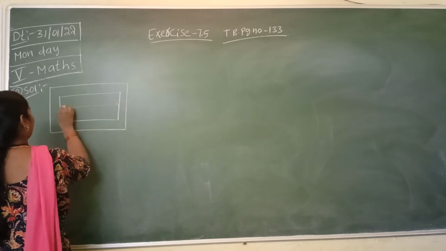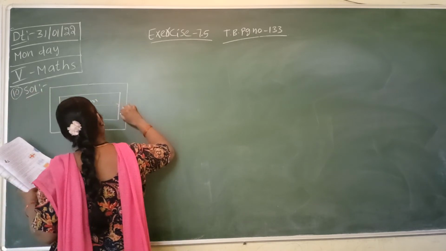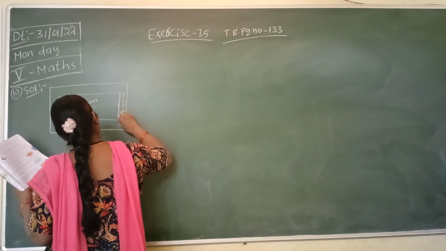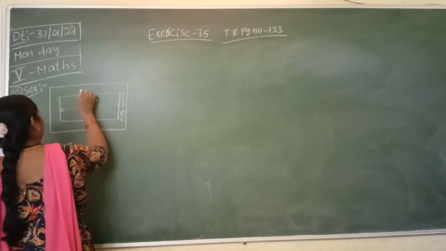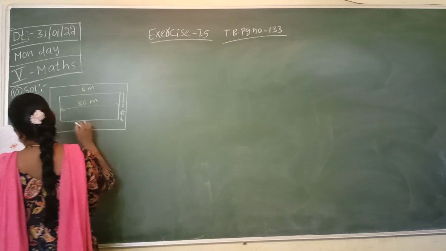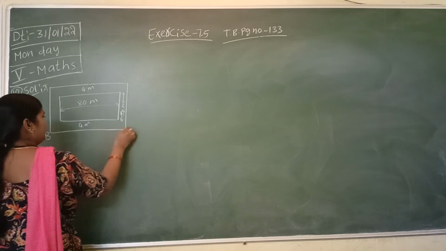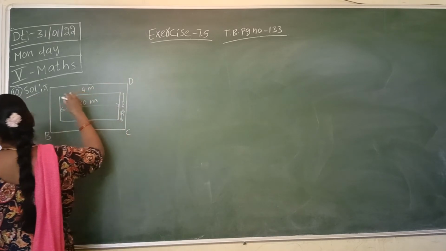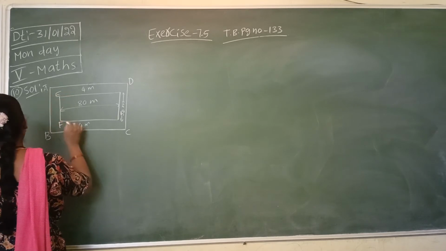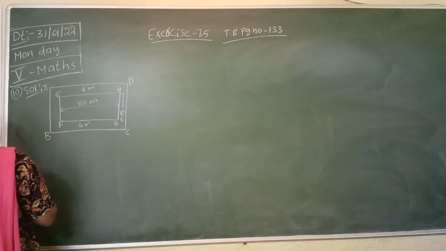Here they have given 80 meters, and here 50 meters, and the remaining they have given 4 meters and 4 meters. Write down the names A, B, C, D, and for the inner side, E, F, G, H.